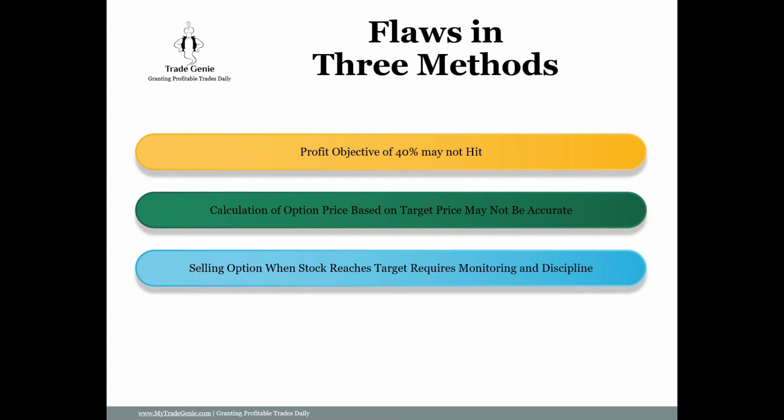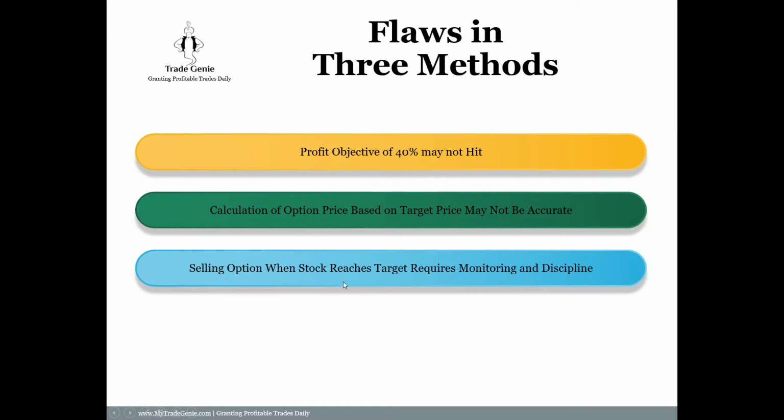But as the stock moves, the delta also moves. If I bought at delta 50 and the delta moves to 60, 70, then I missed the big profit. Or I did not calculate the option price accurately, and I just miss out.